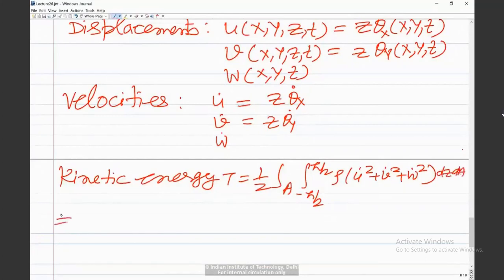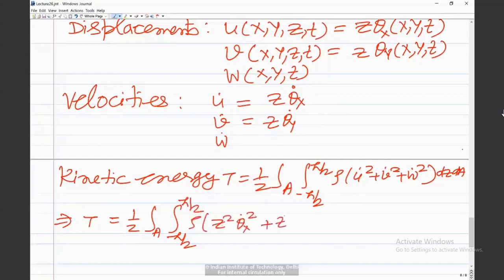So now you can put the expressions for u dot, v dot, and w dot. So you will see that T will be half integration over area, integration over thickness, minus h by 2 to plus h by 2. And then rho, we have u dot as z into theta x dot. So we'll get z square into theta x dot square plus z square into theta y dot square and plus w dot square, dz dA.